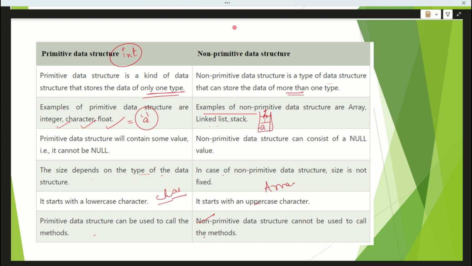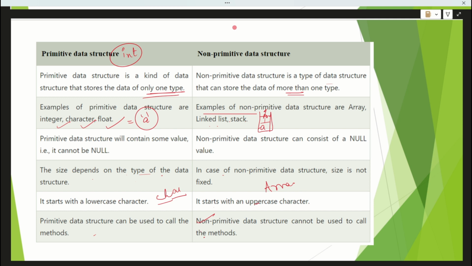Non-primitive data types can store more than one kind of data, and some examples are linked list and stack. The primitive data type cannot be null, but the non-primitive data type can be null. The examiner would be happy with your answer.